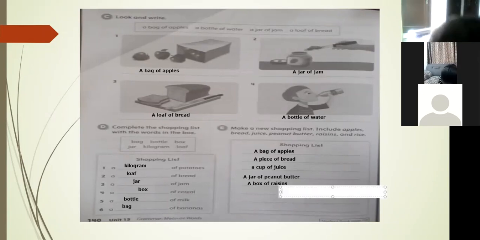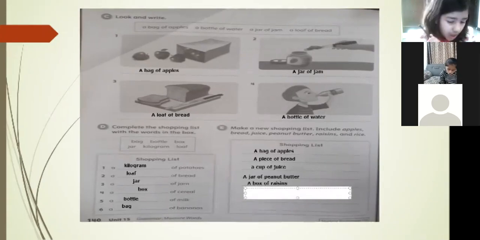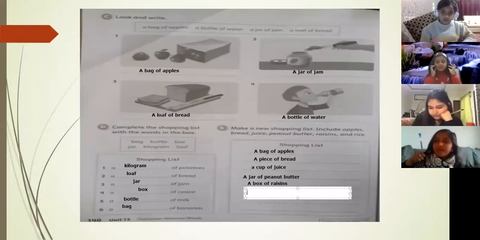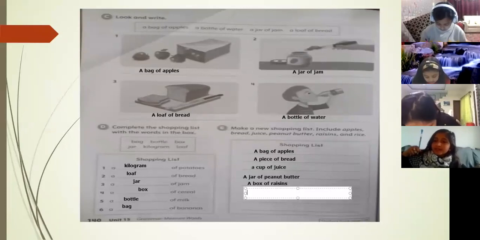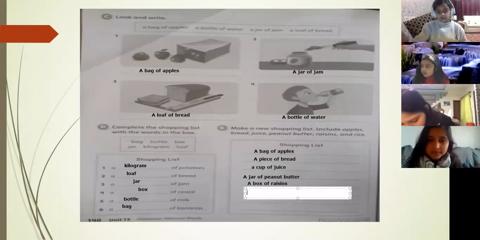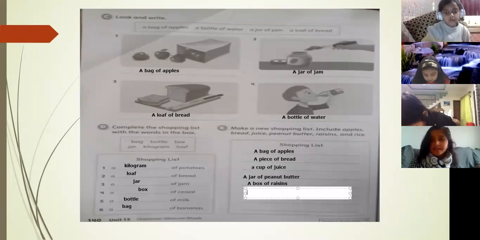And for the last one, rice. Which measure word would you suggest for the rice? Anyone? Which measure word would you suggest for rice? Harim, do you want to say something? Okay, yes. Ma'am, a kilogram of rice. Yes, perfect. A kilogram of rice.